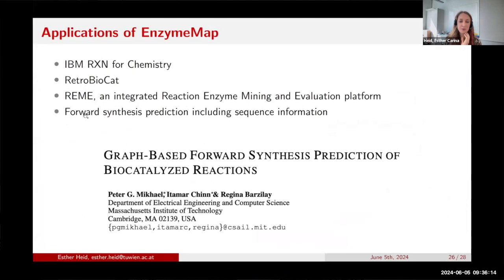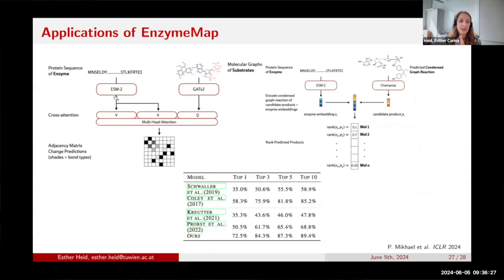There's also one work that was just presented at ICLR a month ago that is based on EnzyMap and protein language models, which comes out also of Regina Barzilay's group that I collaborated with. And this is taking from EnzyMap. It also has the protein sequences. The protein sequences are encoded with a protein language model, and the reaction is encoded with a graph attention model.